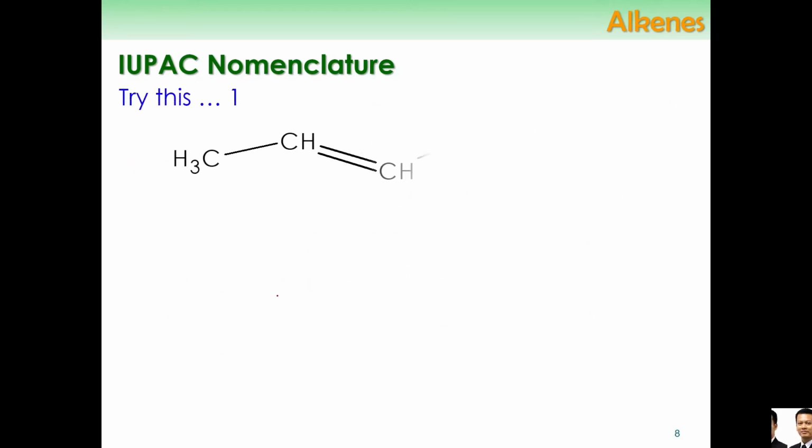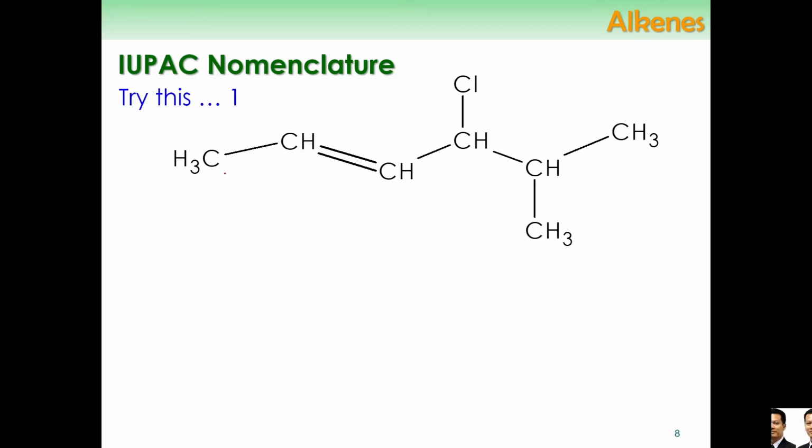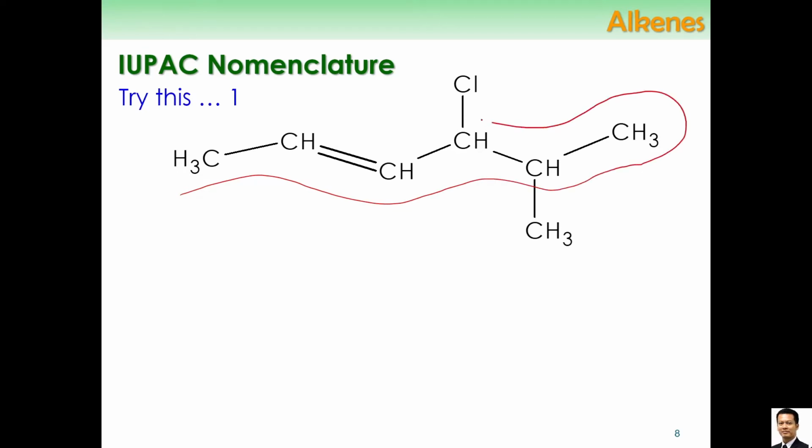So let's try to name this structure. You can see that this is the longest chain, and the double bond is at this part. So we should number the carbons according to the closest end where the double bond exists.